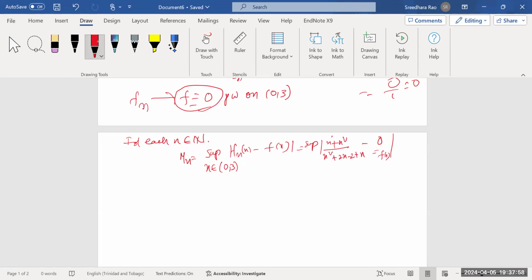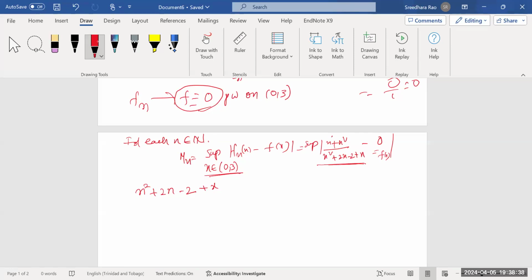So what happened here is, you have to look at this denominator. What is the denominator? n squared plus 2n minus 2 plus x, where x is a member of (0, 3), right? We can't substitute directly here in the denominator, so we need to reduce the denominator without x, by using some inequality techniques.